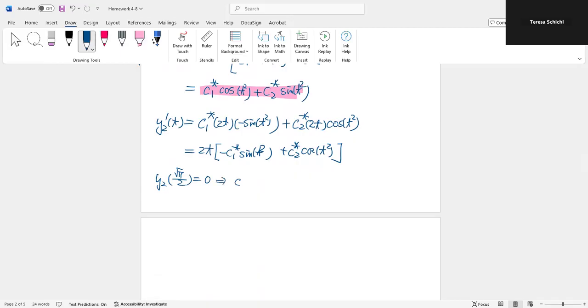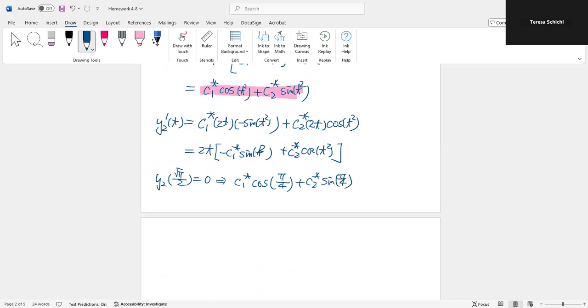I will get C1 star cosine of pi over 4, since cosine t squared at t equals square root of pi over 2 is cosine pi over 4, plus C2 star sine pi over 4.